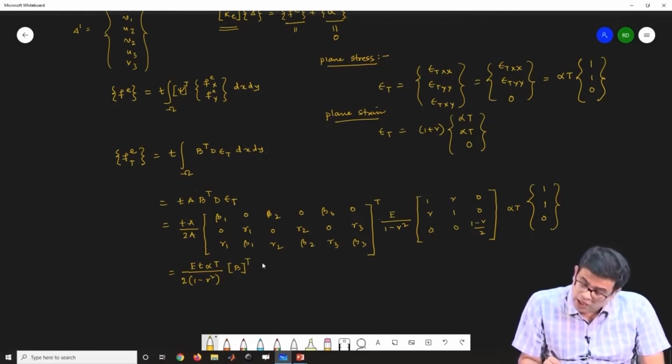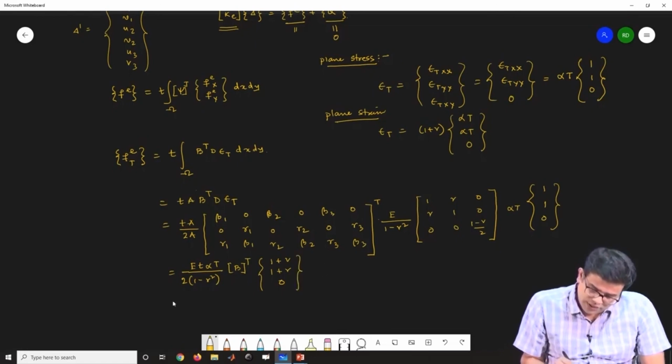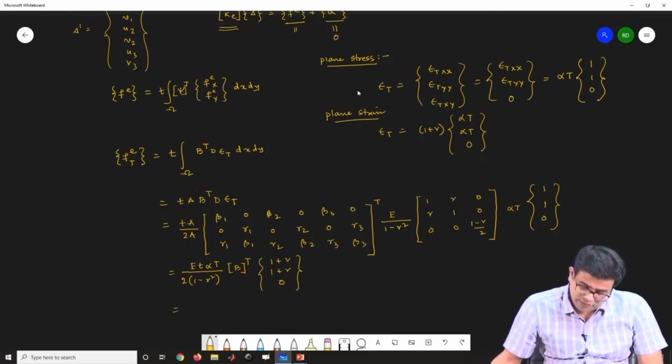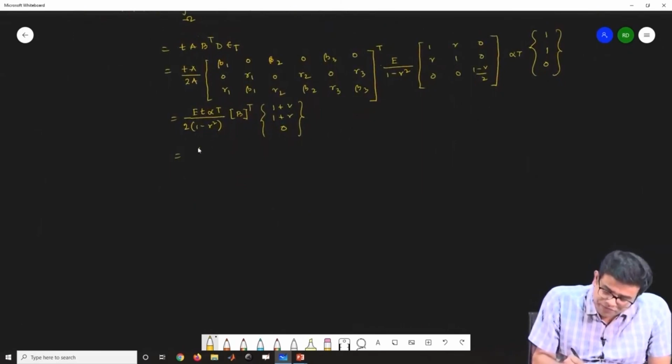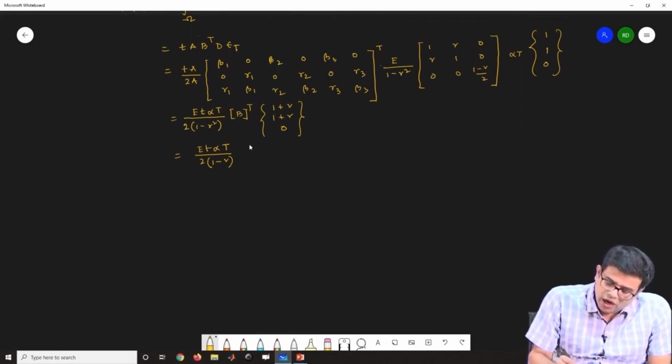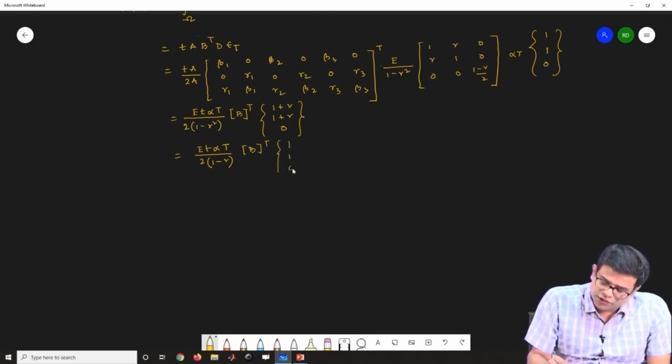So this will lead to 1 plus nu, 0, right? So this will again give me 1 plus nu common. So now E T alpha capital T by 2 into 1 minus nu, then you have B transpose, then you have 1 1 0.